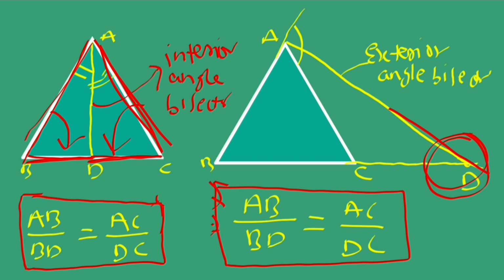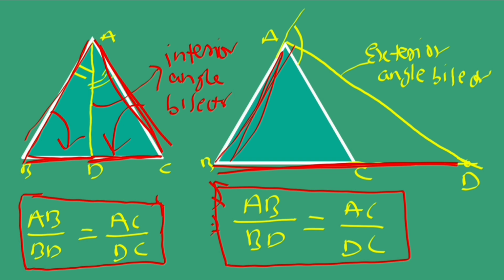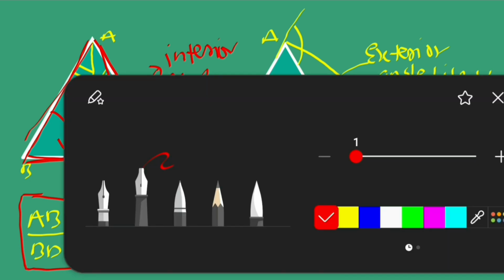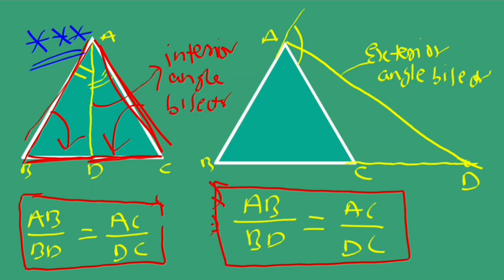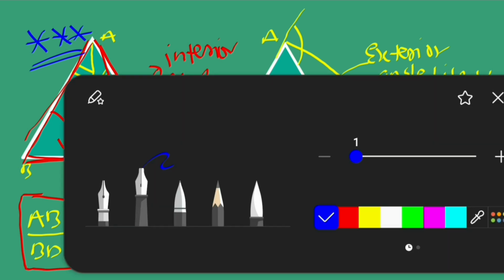When it is an interior angle bisector, the D point is inside the triangle. You need to remember this. When exterior angle bisector is there, AB, this line, divided by BD, this complete line, is equal to AC, this line, divided by CD, up to here. Remember these conditions. Both conditions are very, very important.